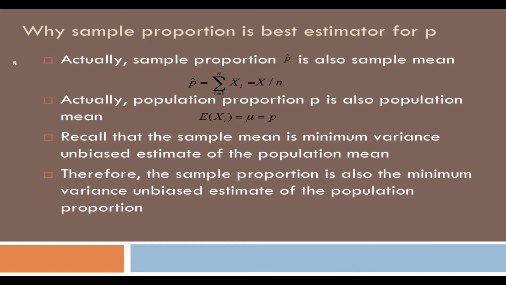So p hat is the sample mean estimate of x1 through xn. So n is this n right here. And each one of those follows a Bernoulli distribution with p.